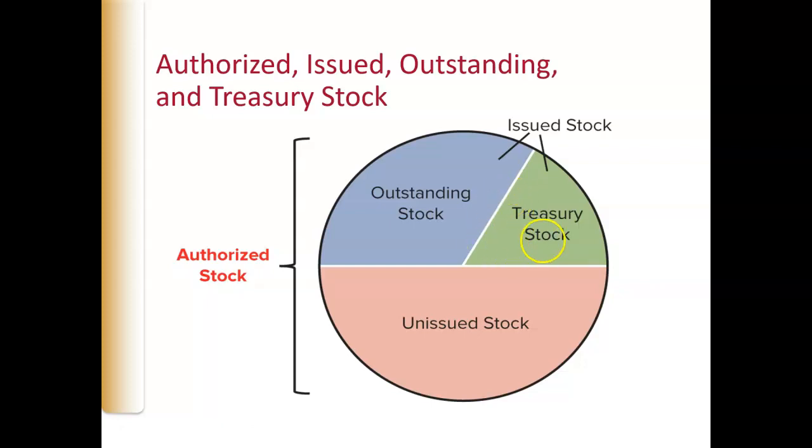The treasury stock was issued and it's been repurchased or purchased by the corporation. Okay? So know that all stock is authorized, and the authorized stock can be issued or unissued. And out of the issued stock, it can be outstanding or it can be treasury stock.